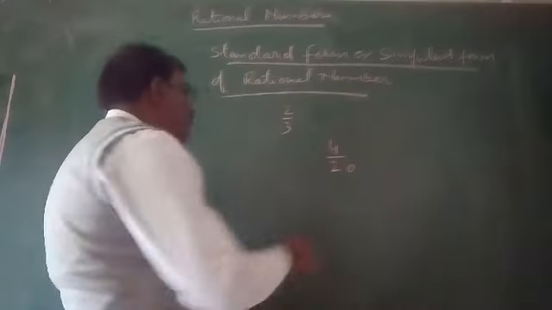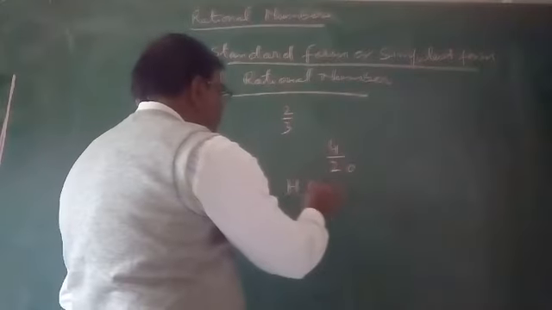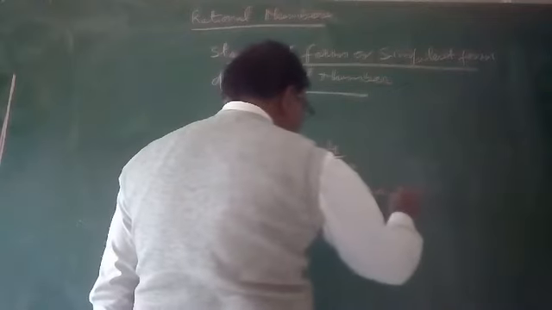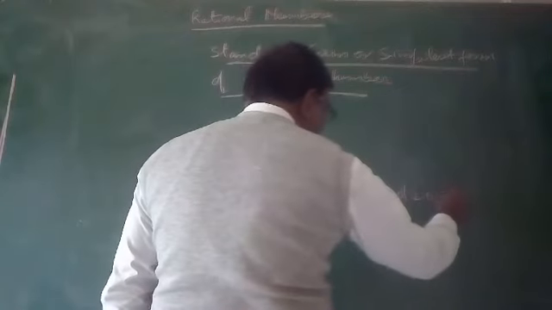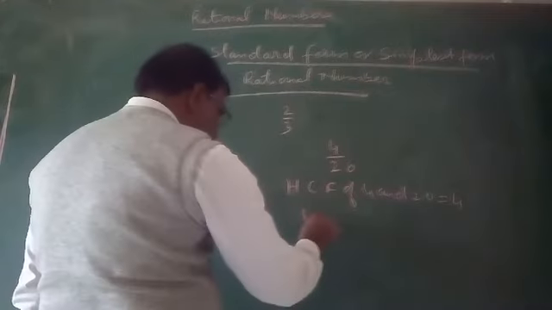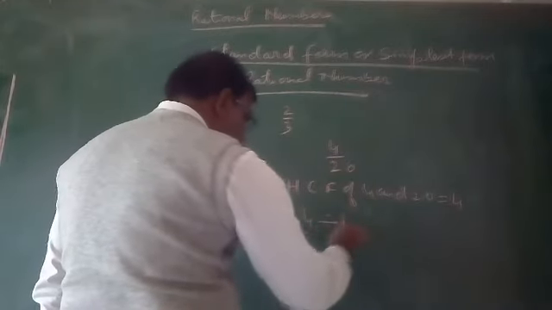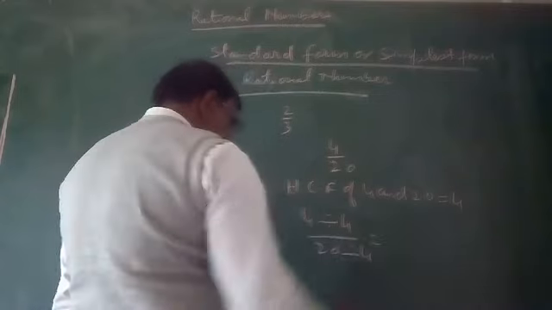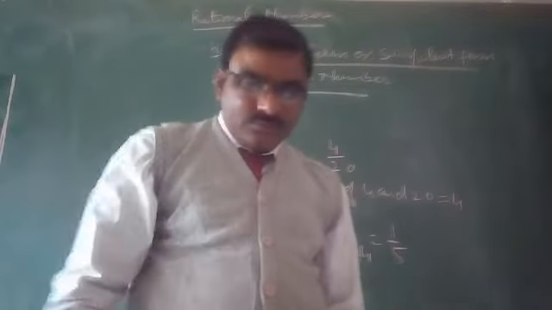HCF of 4 and 20 equals 4. We divide 4 by 4 and 20 by 4. We get 1 by 5. 1 by 5 is the standard form of the rational number.